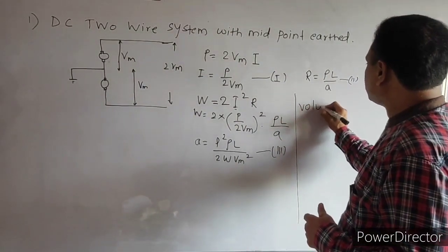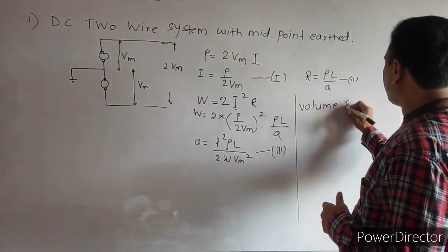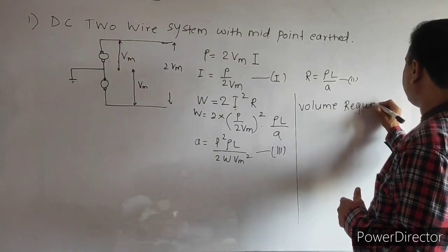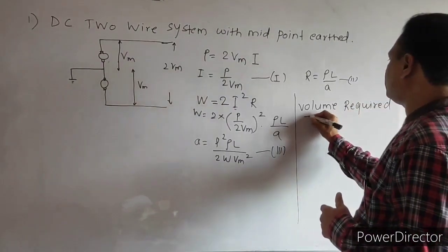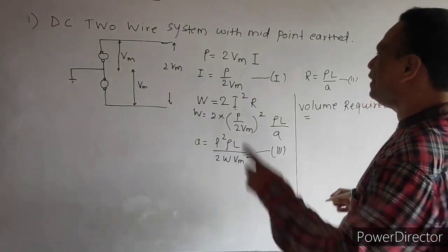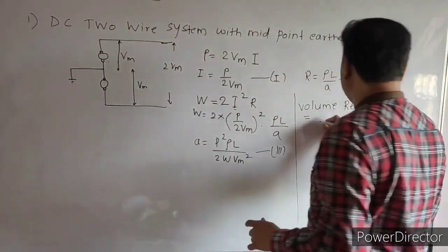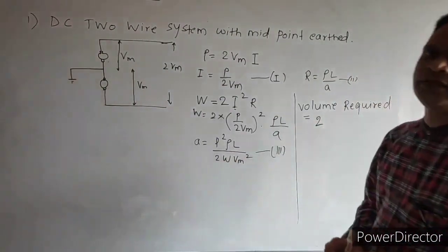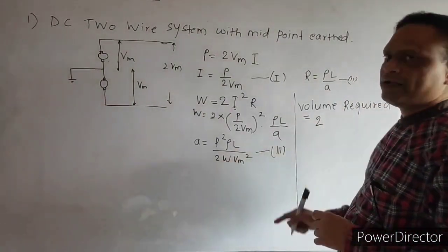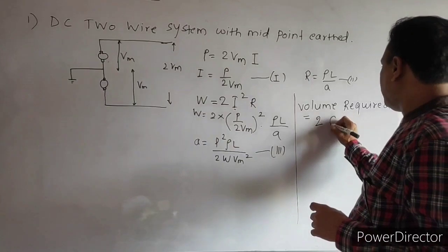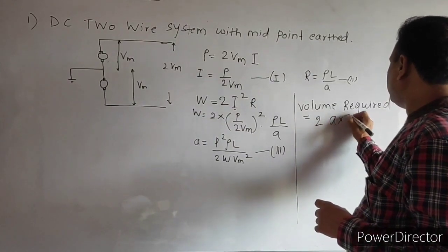Now the volume of conductor required will be nothing but area into length. It's not one conductor, it is two conductors, so the volume of two conductors needs to be calculated. So I will write 2 into area into length.